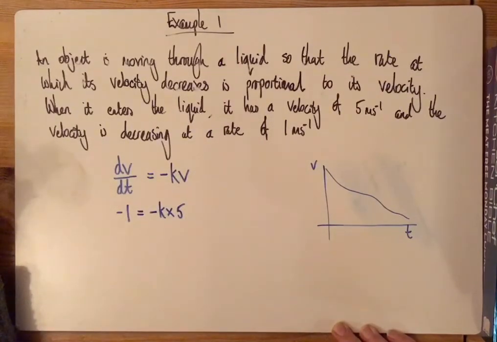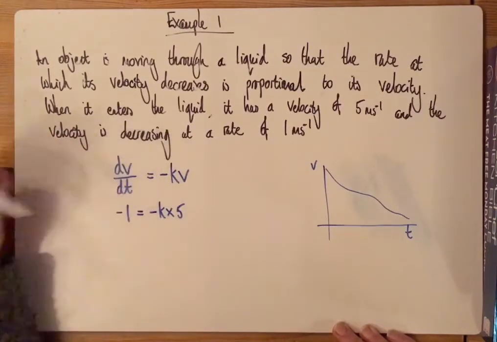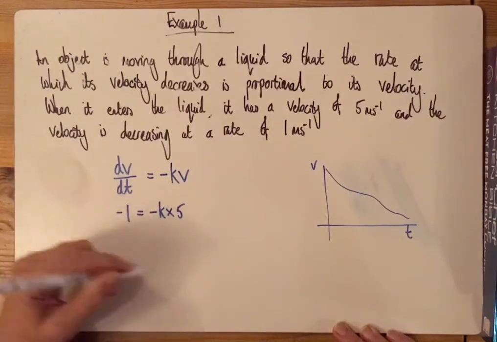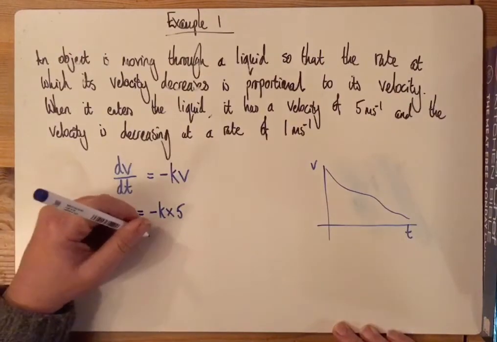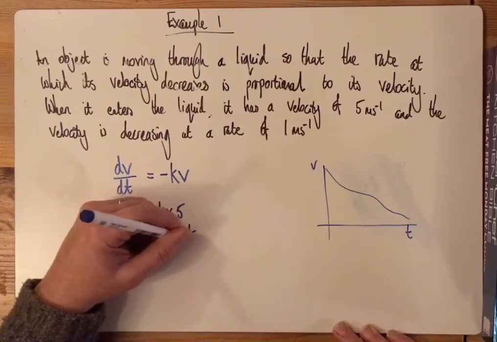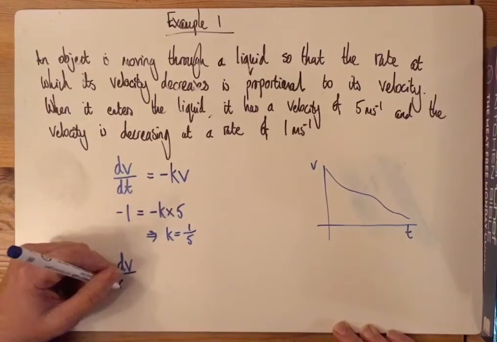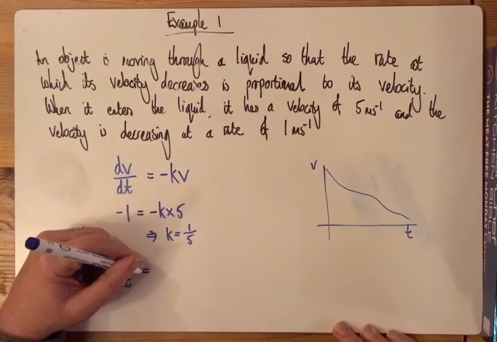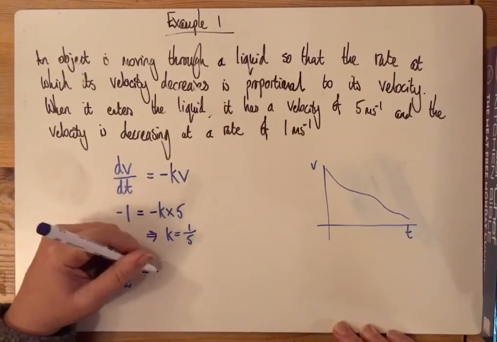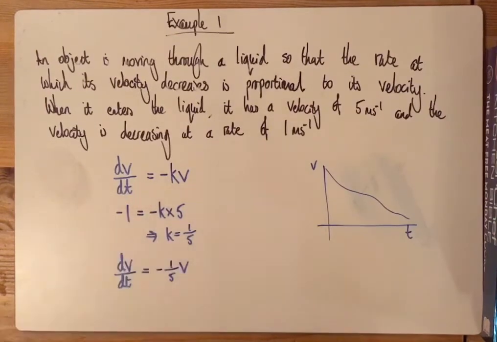Remember, you're expecting k to come out as a positive constant. If it doesn't, then go back and think about where you possibly should have put a minus. Minus 1 over minus 5 is a fifth, and so k is equal to 1/5. And so dv/dt is equal to minus 1/5 v, or v over 5 if you prefer.